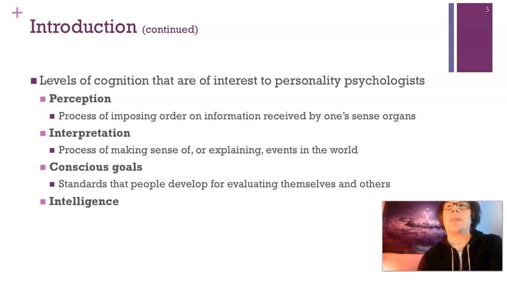So when we talk about interpretation, this concerns the giving of meaning to events. So how we give meaning to certain events. When you are confronted with an event and you are asked, what does this mean? Or you're asked, how did this happen and how will it turn out? What will the outcome be?